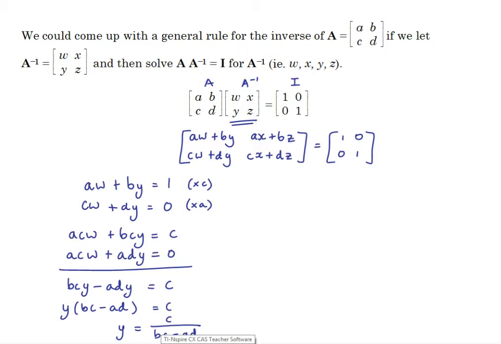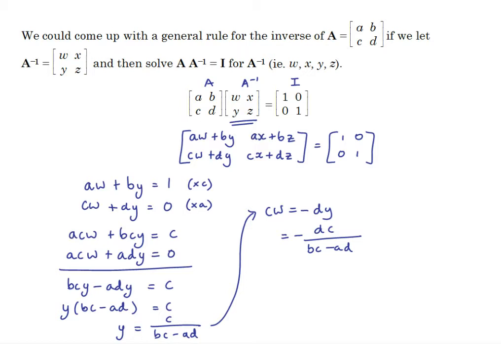Now we're going to need to substitute that back in to find W. So I'm going to go into the second equation, which has a 0, because the second equation, if I rearrange it, tells me that CW equals negative DY. So negative D times Y, which we've got down here, so that's going to be negative DC over BC minus AD.